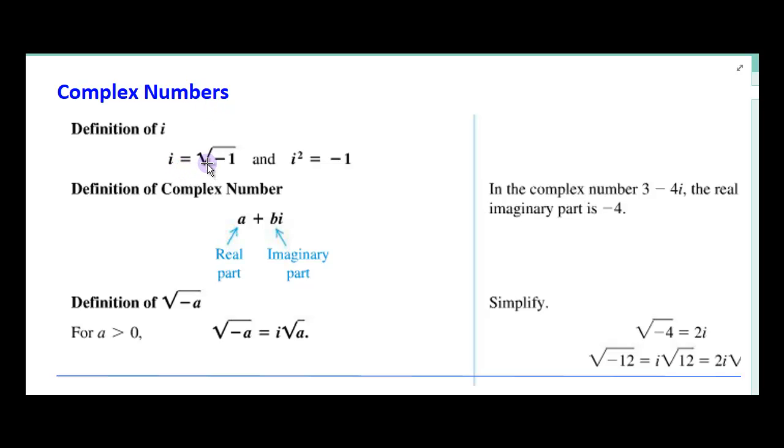complex number would be if I was going to take the square root of -1, that would be i, which is an imaginary number, or i squared is equal to -1, because I could take the square root of both sides.